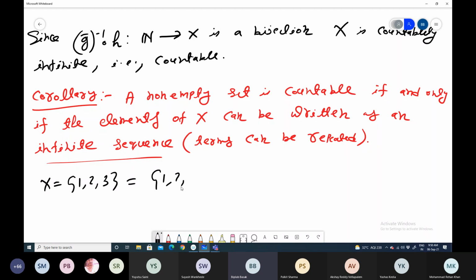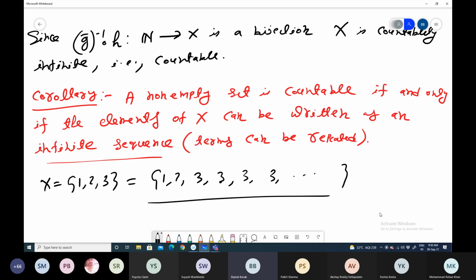You just write 1, 2, and then the repeated term 3, 3, 3, 3, 3. So this is an infinite sequence. As I told you, the terms can be repeated. So suppose you are asked to show that a set X is countable, then you just make a list. If you can list all the elements of X in terms of an infinite sequence, then you are done.